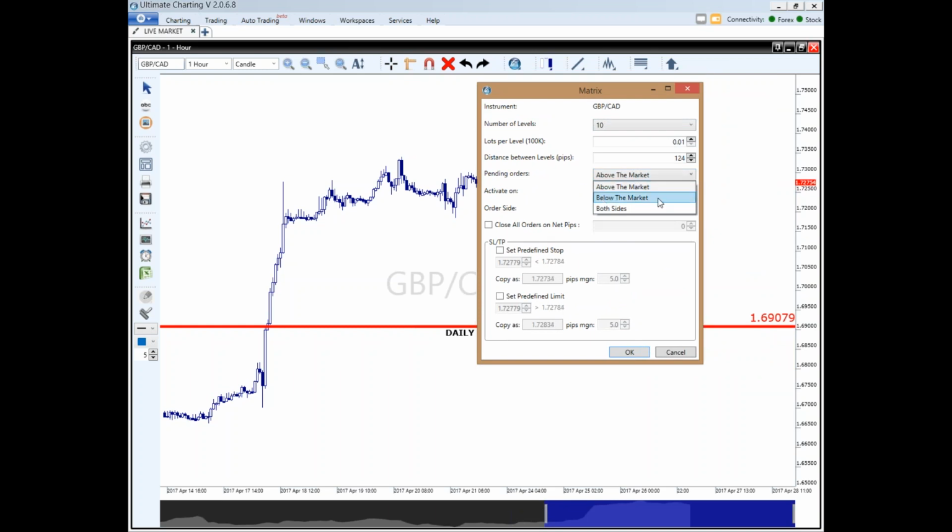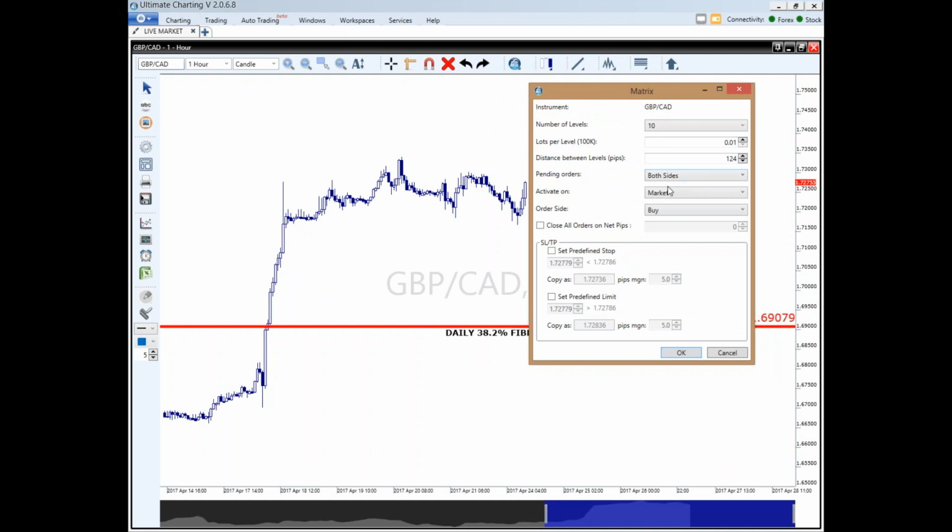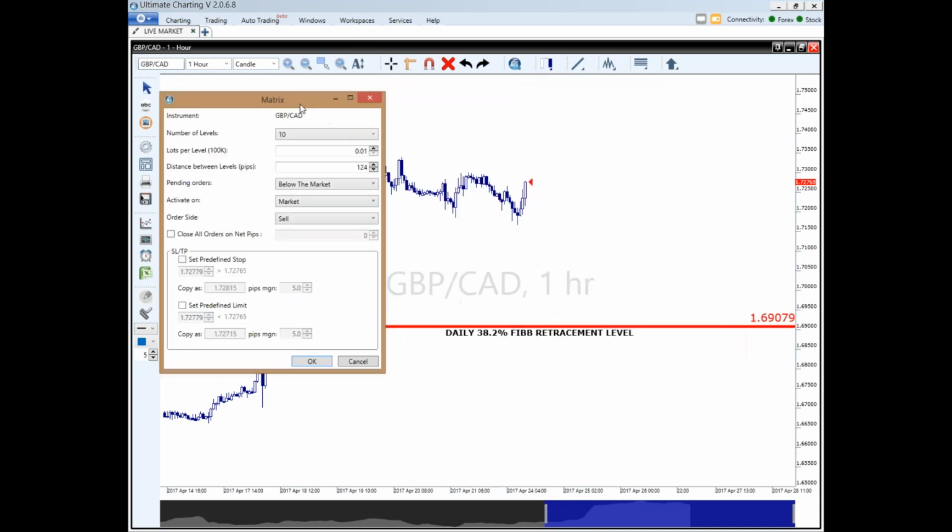And then you'll be shown one-sided trades. Okay, I'm going to put both sides just so you can see how this works. But at the end of the day, if we're going to put a hard stop, let's just put in, for example, below the market, and to sell the market based off this movement. And I'm not going to close all orders on net pips because I want a hard stop and a hard limit.